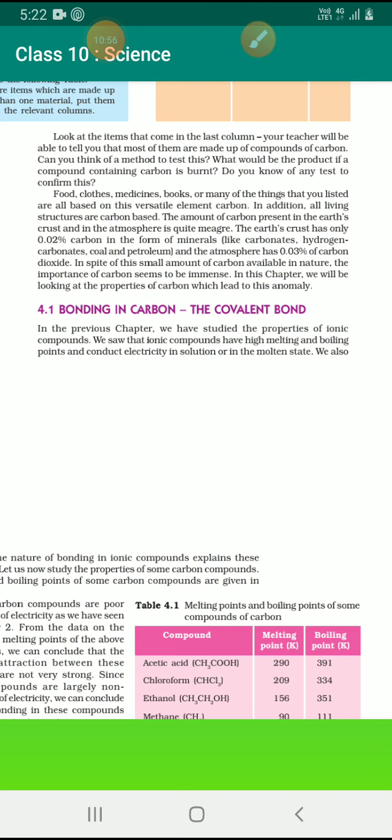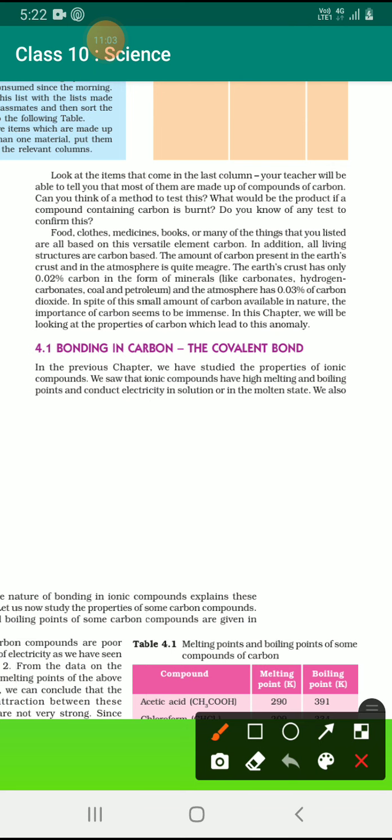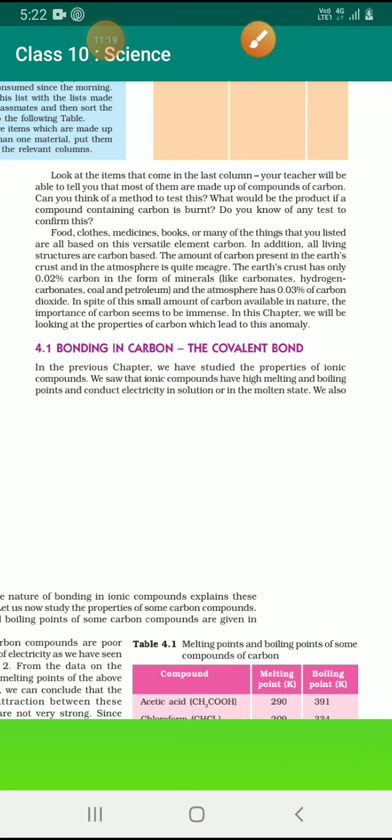For example, look here, children: there's a carbon, here one more carbon atom, and here one more carbon atom. These carbon atoms are linked together with a bond, and this bond is called a covalent bond.